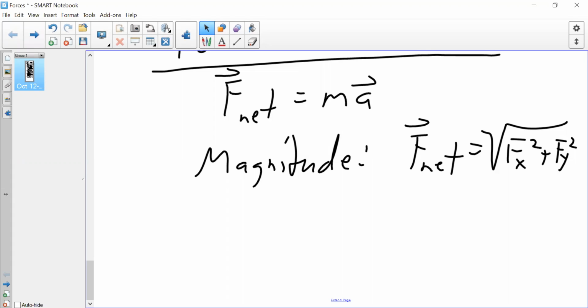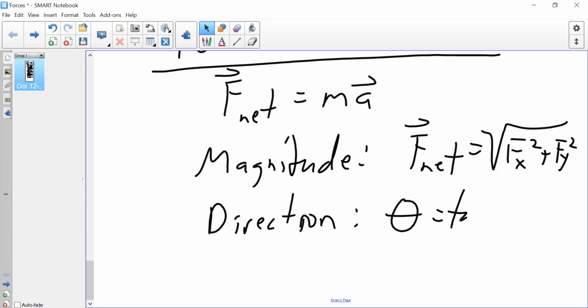And the same thing for direction is just the angle as well. So inverse tangent Fy over Fx. Any questions on these definitions so far? It seems pretty straightforward. Is it familiar? I want to stop there before we go to our examples.